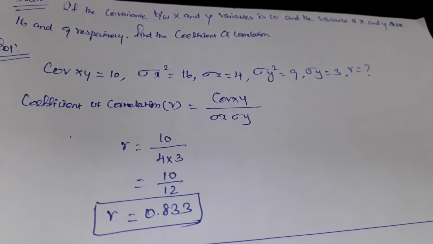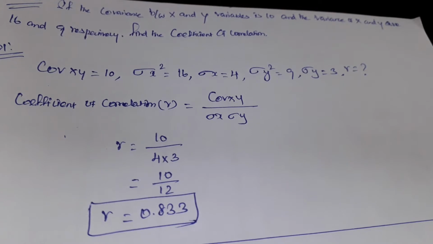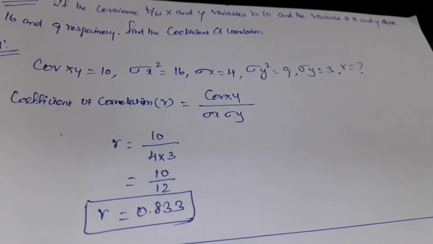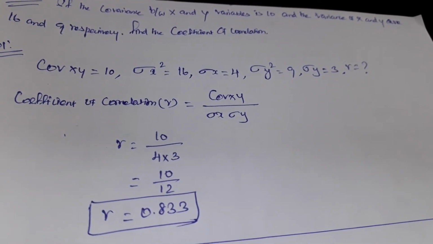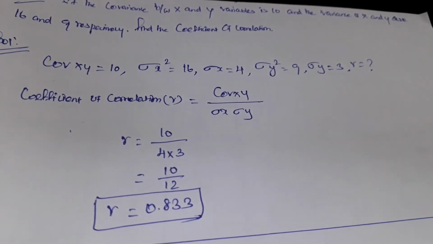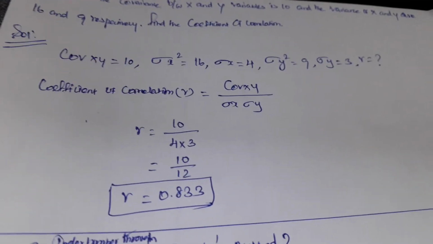Standard deviation of x is equal to 4. Sigma y squared, the variance of y, is equal to 9. If we square the standard deviation, we can get the variance, whereas if we take the root of the variance, we can get the standard deviation. It is vice versa.